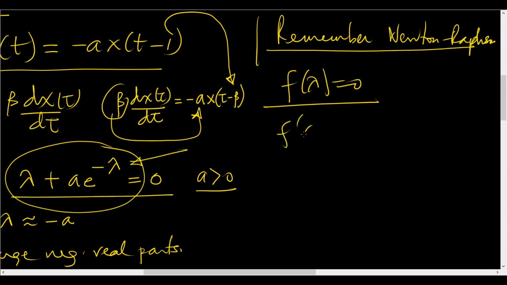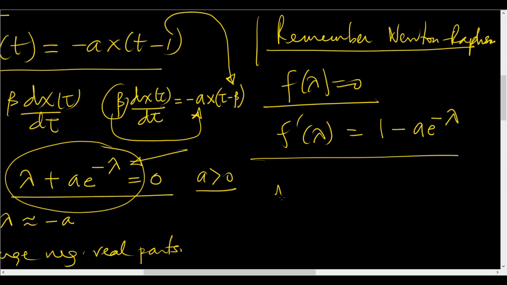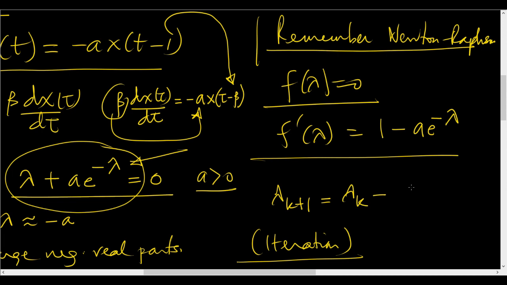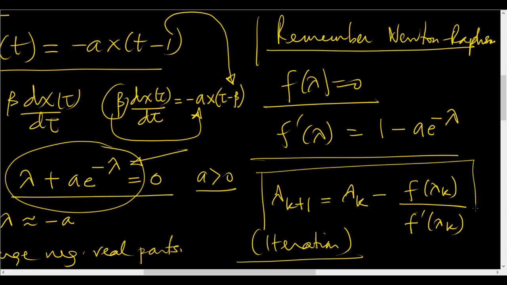F prime of lambda equals 1 minus a e to the minus lambda, and then lambda k plus 1, not the k plus 1th root, the k plus 1th iterate, is equal to lambda k minus f of lambda k by f prime of lambda k. This is the Newton-Raphson iteration, and we can do this in MATLAB.